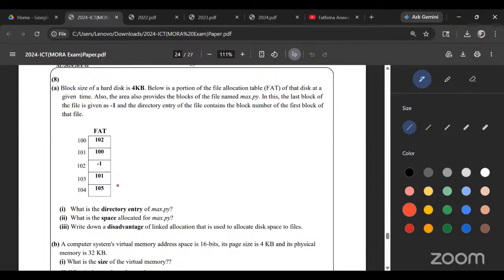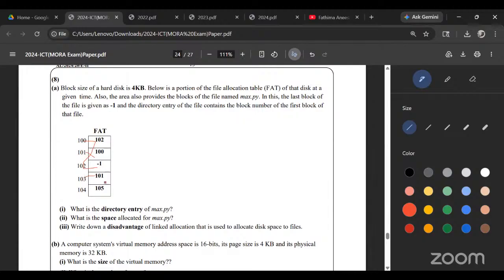Since the chain ends at block number 102, since they said -1 is the last one, what is the number? 102, block number 102. Then we should trace it backwards. 102 is over here. From there, 100. 100 is here. 100 to 101. 101 is over here. Then go to block number 103.